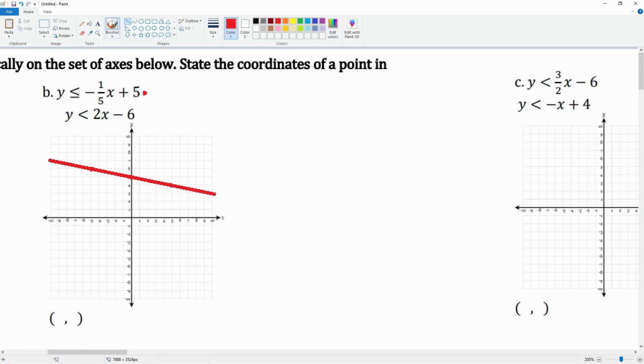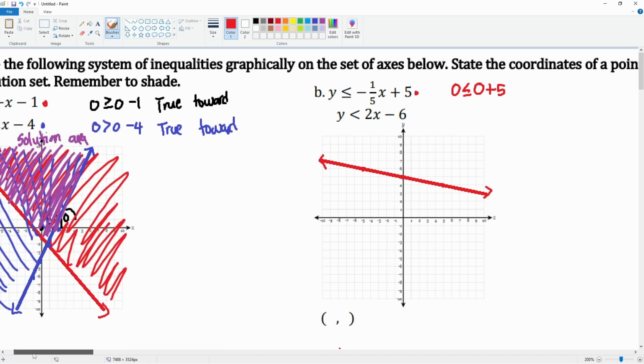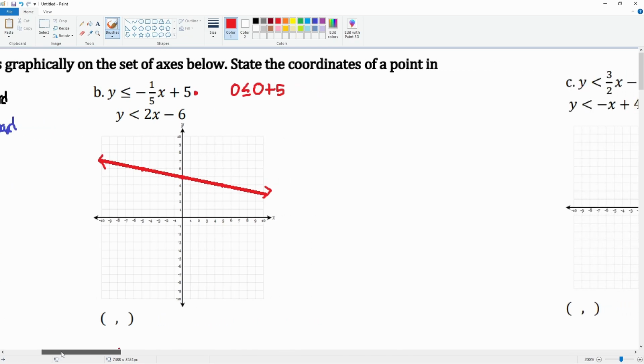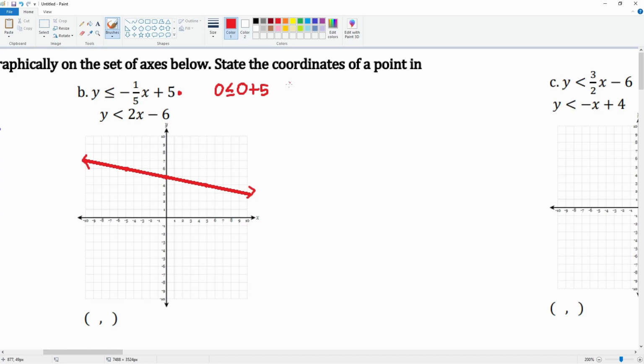And now we shade. Let's test the point 0, 0. This is 0 plus 5. Is 0 less than 5? That is true. Remember this is where 0, 0 is.